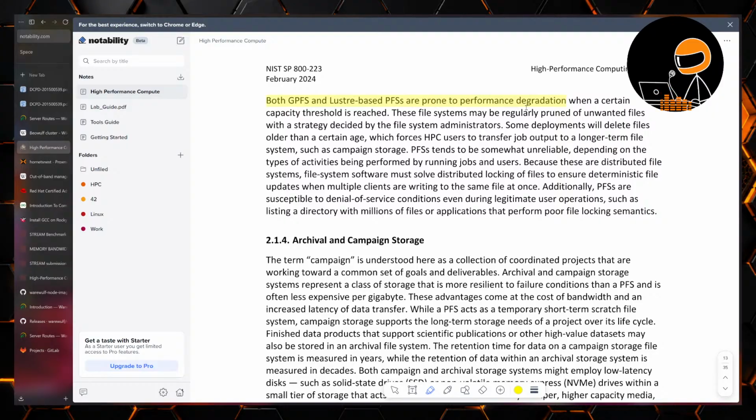Additionally, parallel file systems are susceptible to denial of service conditions even during legitimate user operations, such as listing a directory with millions of files or applications that perform file locking semantics.